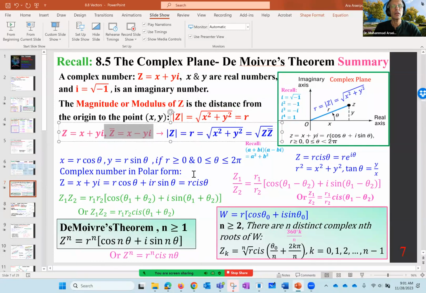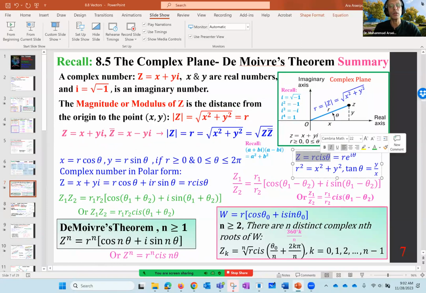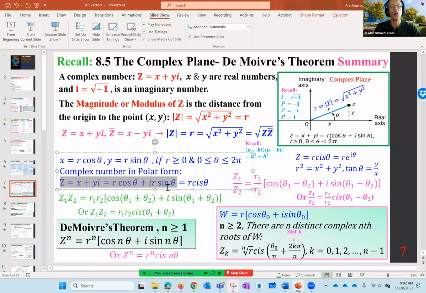And in a polar format, we use the shorthand notation z equals r cis theta. By that we mean r cosine theta plus i r sine theta, and r cis theta is the shorthand notation.